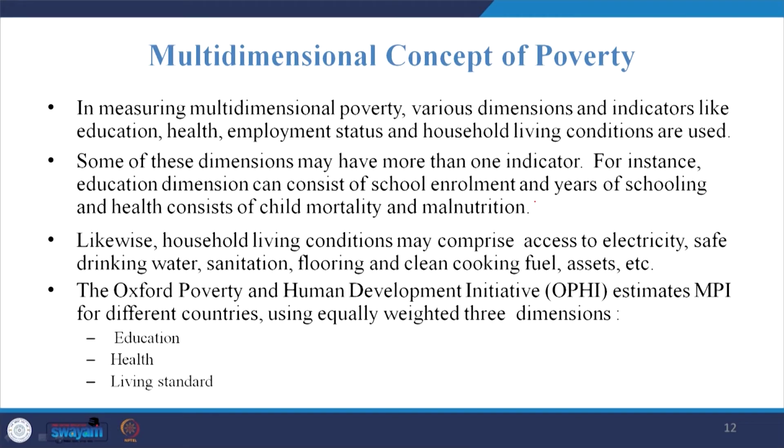Living standards has 6 indicators including access to electricity, safe drinking water, sanitation, flooring, clean cooking fuels, assets, etc. And assets are further divided into various categories, whether a household is having a particular asset or not. So, people will be considered deprived if they do not have access to certain kinds of assets, and then a composite index of multidimensional poverty is measured.